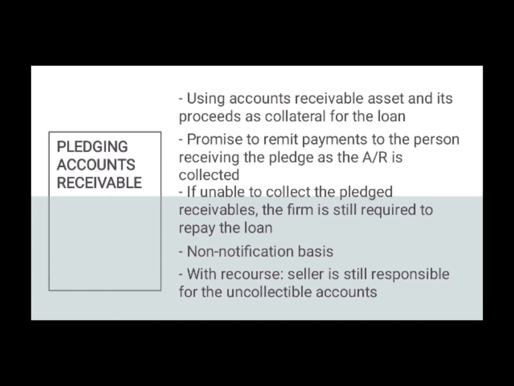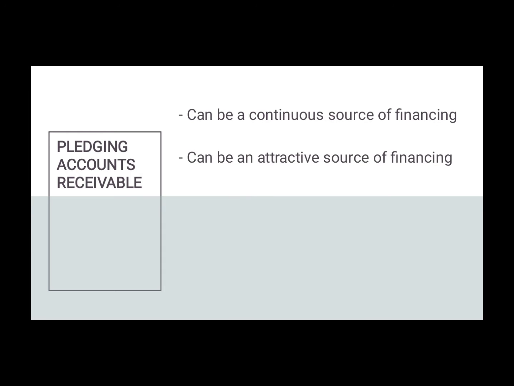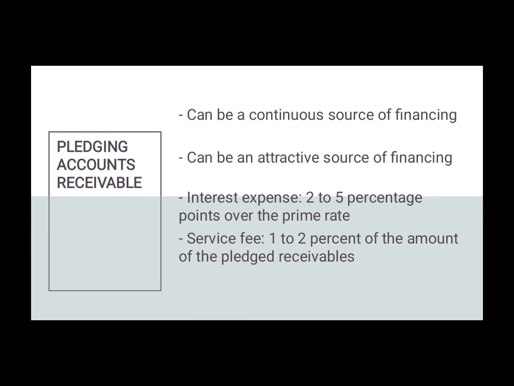This is also on a non-notification basis, which means that the customer is not notified that the receivable has been pledged by the firm. So for a company, receivable loans can be a continuous source of financing as long as new receivables pledge over existing accounts when collected. Because of that, it can be an attractive source of financing for firms.